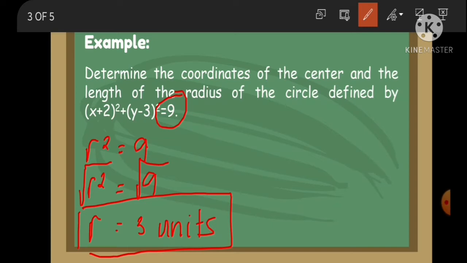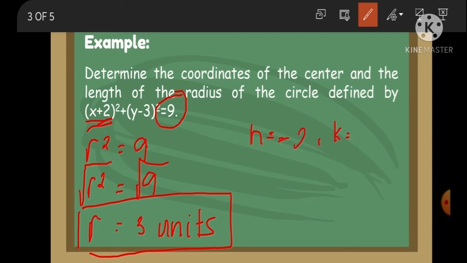Now, for the coordinates of the center, let us identify h and k. So, we have here x plus 2. Now, the technique here is to change the sign of the constant of this binomial. So, since it is positive 2 here, our h is negative.